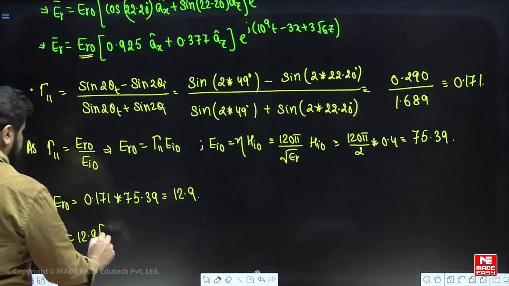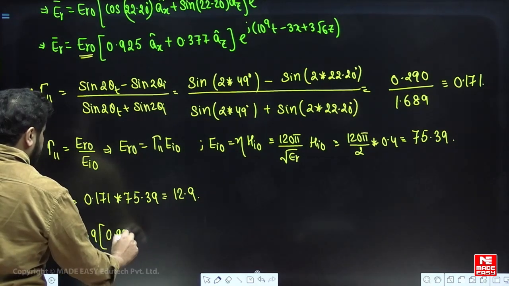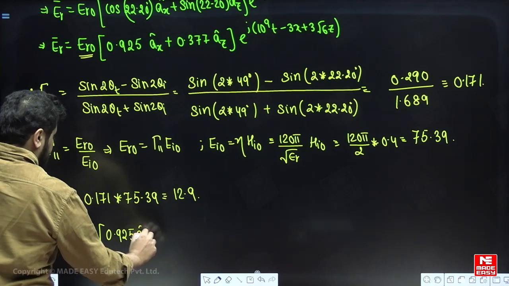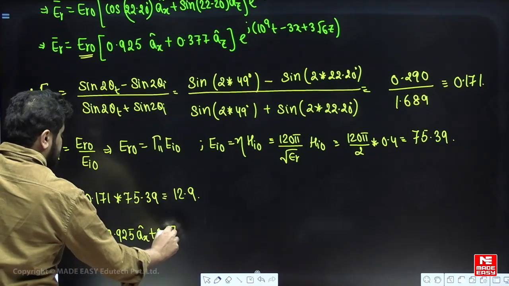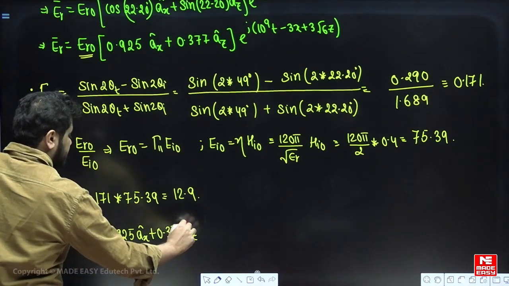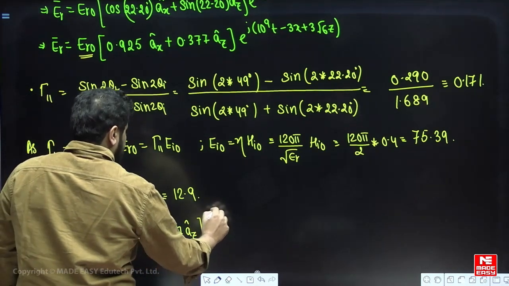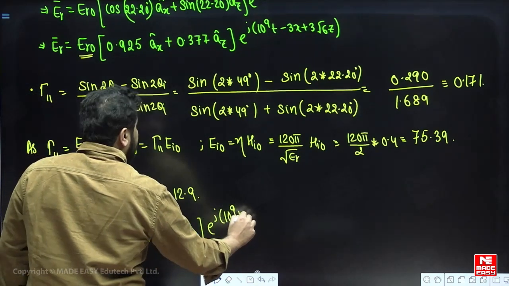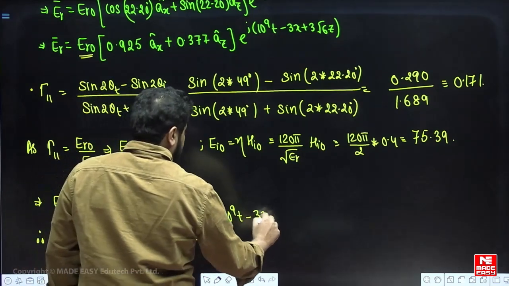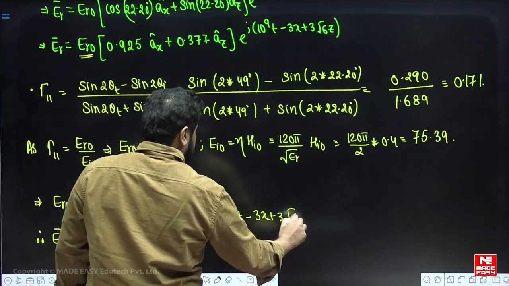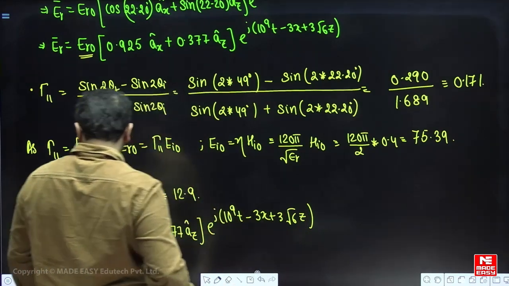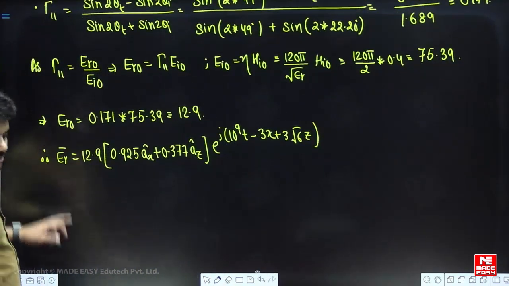Right. This is 0.925 a x plus 0.377 a z. Now it is e to the power j 10 to the power 9 t minus of 3x plus 3 root 6 times of z. Right, so I need to multiply this.